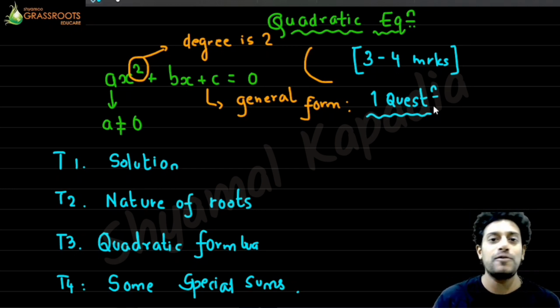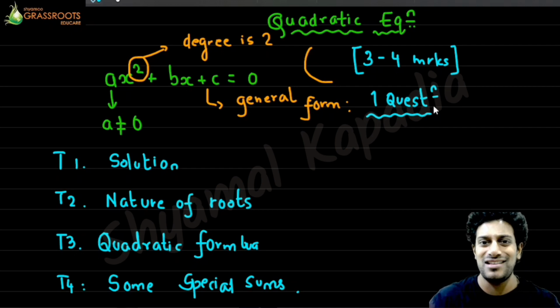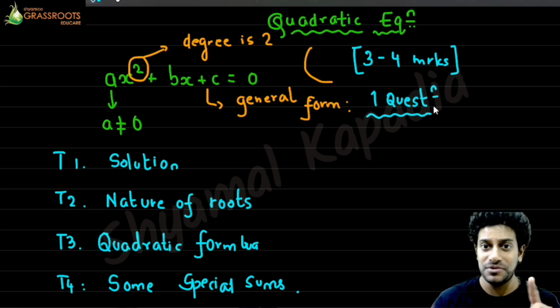That also carries 4 marks. So quadratic equation, 1 question, 4 marks or 3 marks is the weightage, and the word problems also I am expecting 4 marks. So overall, if you talk about word problems along with this normal basic chapter, it is going to be like 7 to 8 marks, 2 questions from 2 chapters.